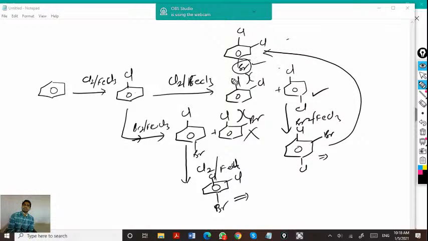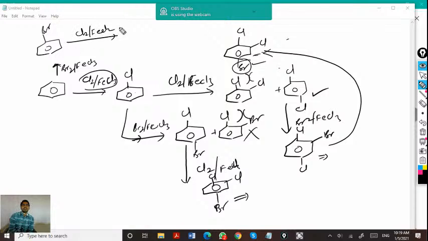There is another possibility where you can make the same compound. Why should I start with only chlorination; can I start with the bromination? Of course we can. If this is chlorinated, bromine will be substituted at the para position.